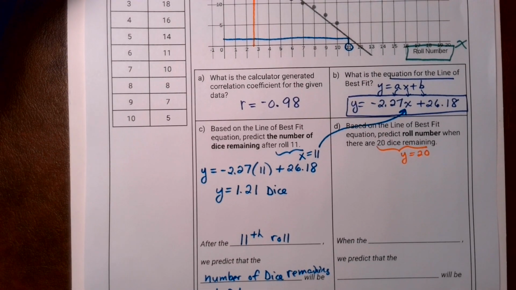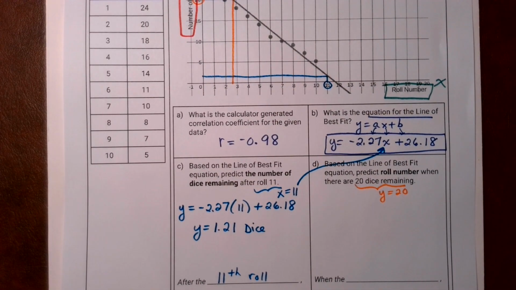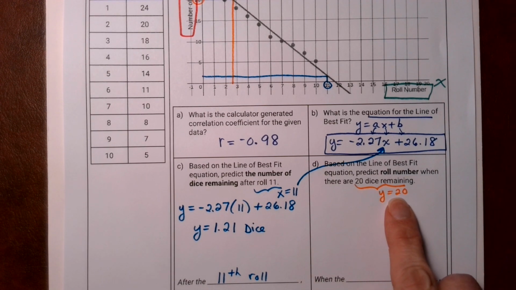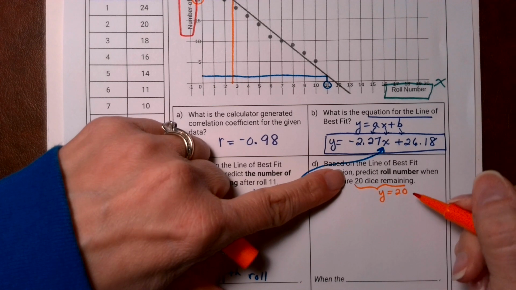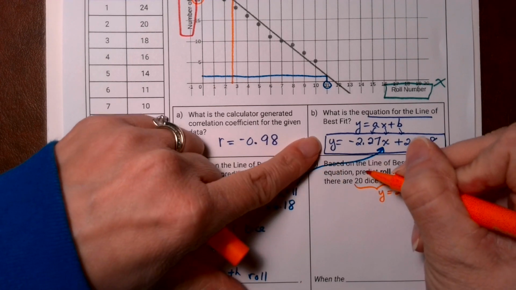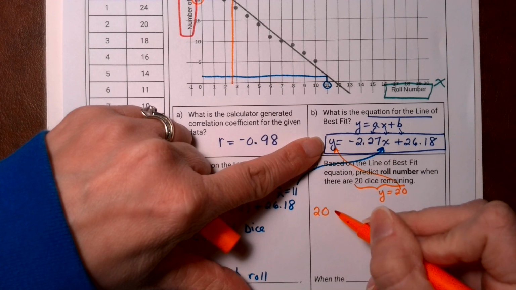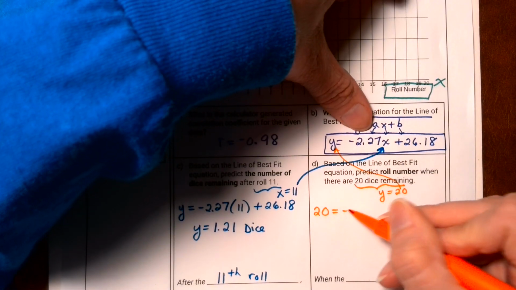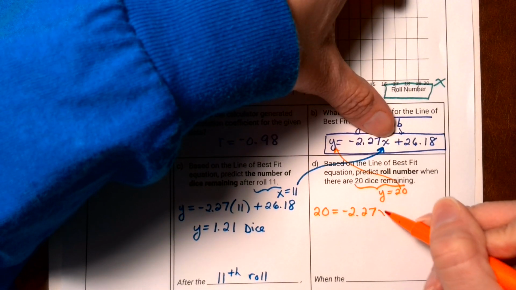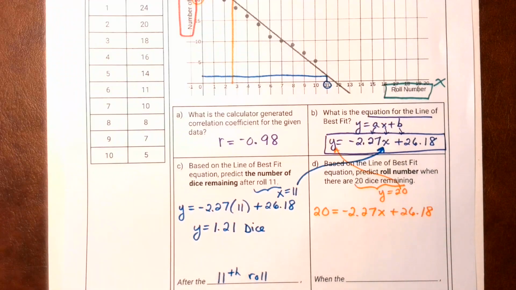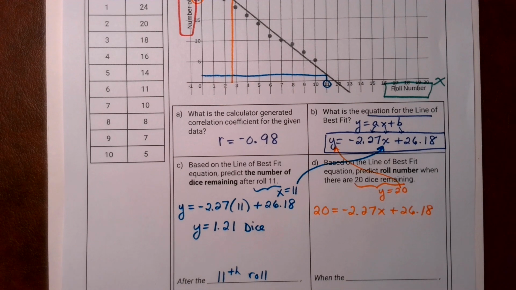Okay, now it's time to do this last one right here. There are 20 dice remaining, and that is the y value. 20 is going to be substituted into this y spot right there. 20 equals negative 2.27x plus 26.18. Remember when we did this in class?